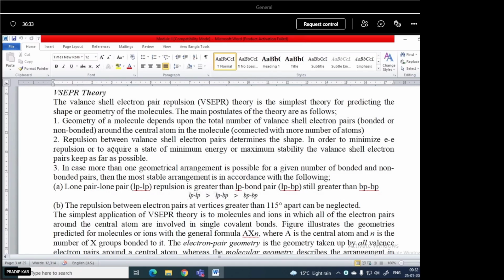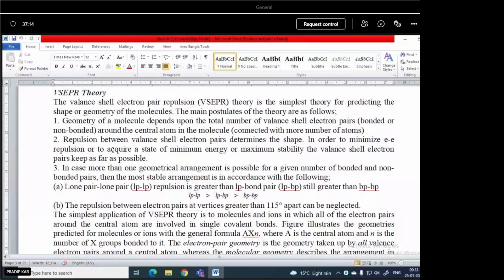The repulsion between valence shell electron pairs determines the shape. In order to minimize the electron-electron repulsion, or to acquire a minimum state of energy, when the repulsion is less, the energy is minimum and the molecule is stabilized. So in order to gain maximum stability, the valence shell electron pairs are kept as far as possible within the structure.